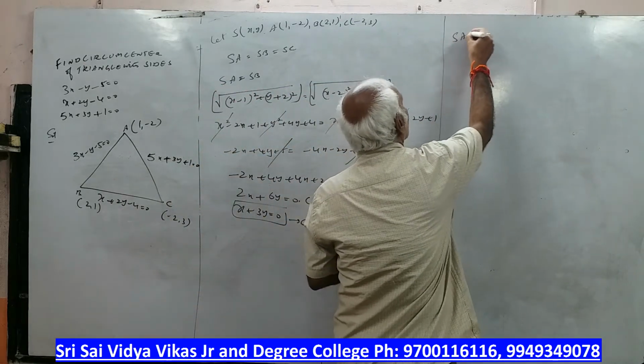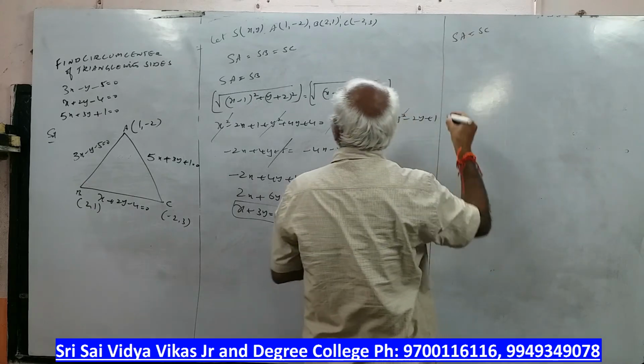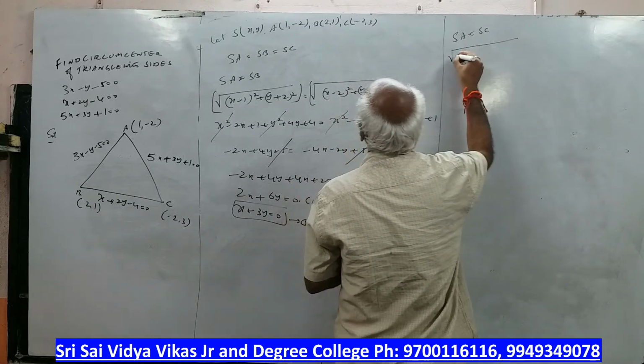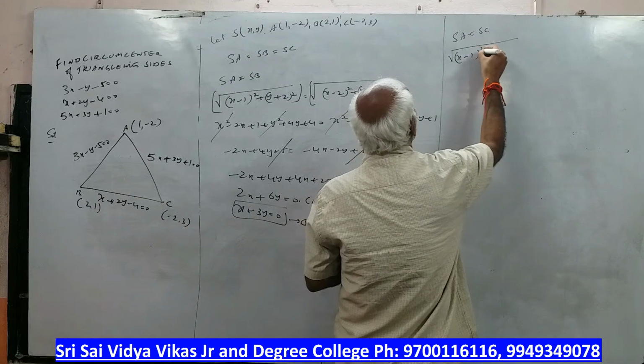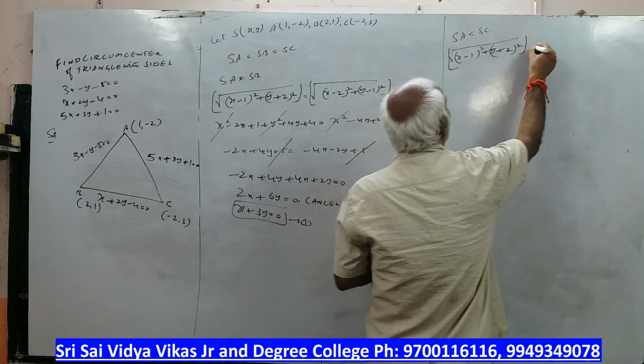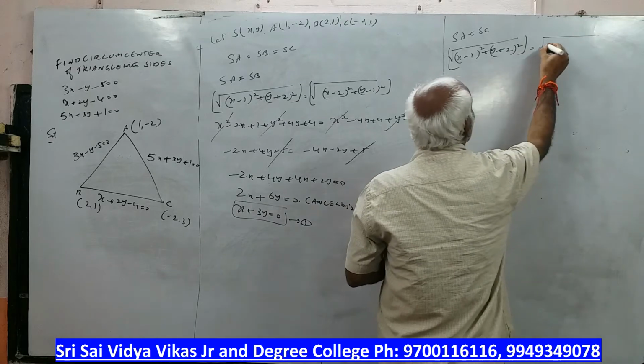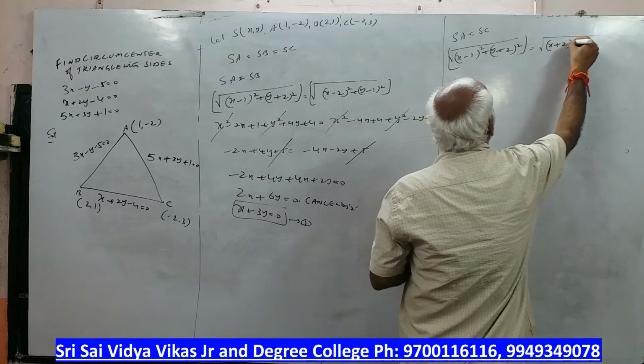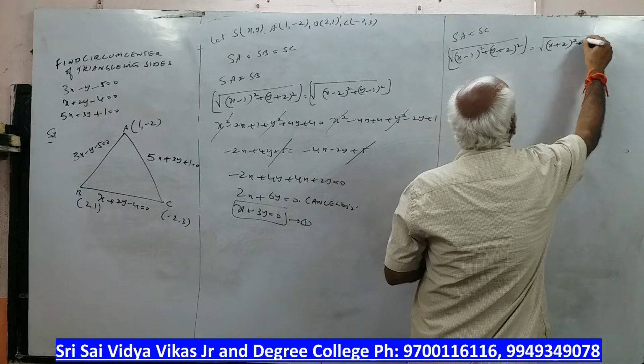SA is equal to SC. SA is equal to SC. What is SA? Under root of x minus 1 whole square plus y plus 2 whole square is equal to SC, what is SC, sir? Under root of x plus 2 whole square plus y minus 3 whole square.